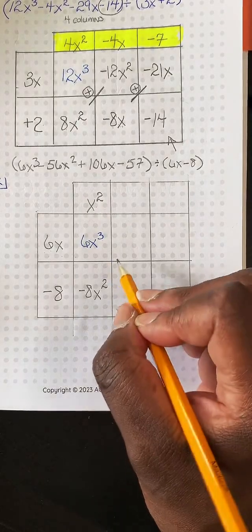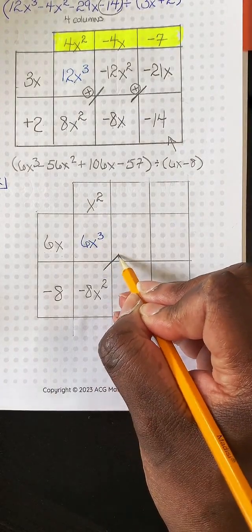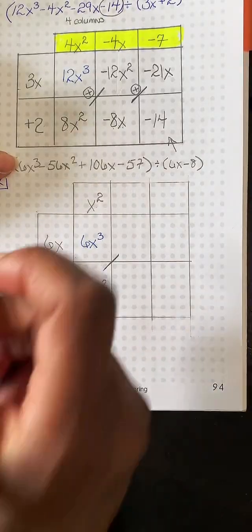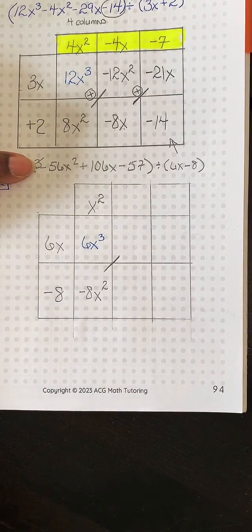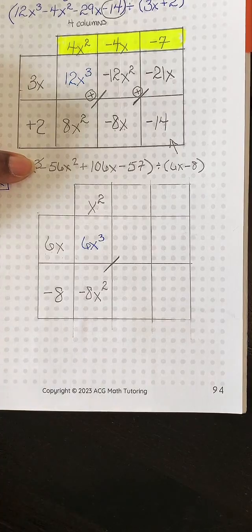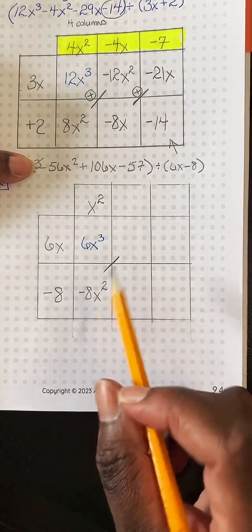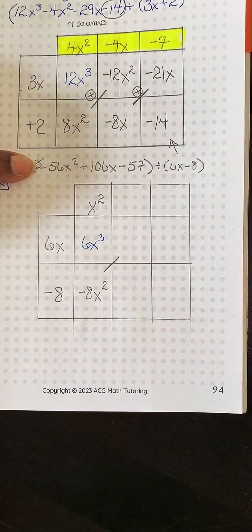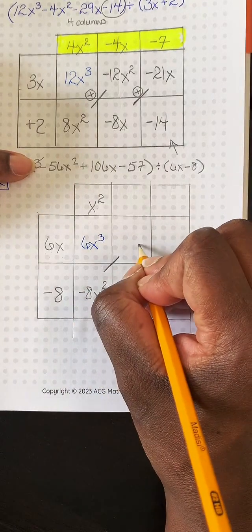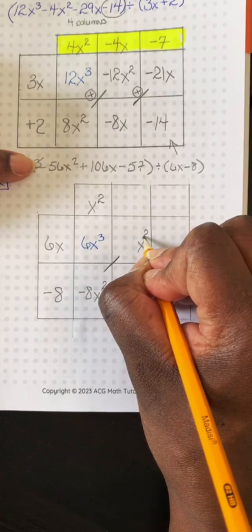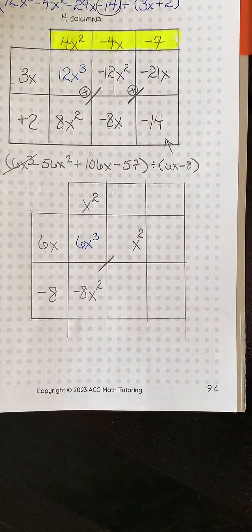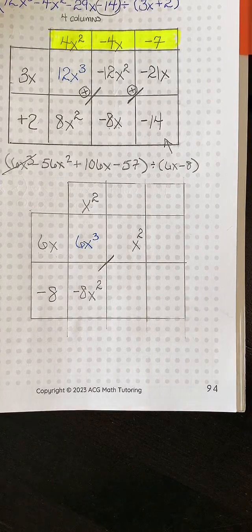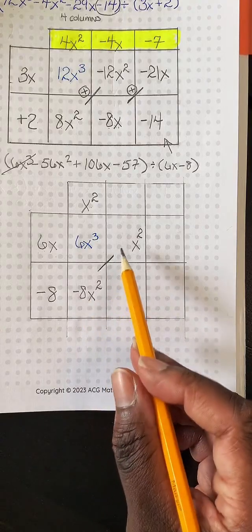So we're done with that first term. If you want to cross it out, you can. Now I'm looking at negative 56. What plus negative 8 will give me a negative 56? It definitely will still be an x squared. Plus, not multiplying. It's going to be added.